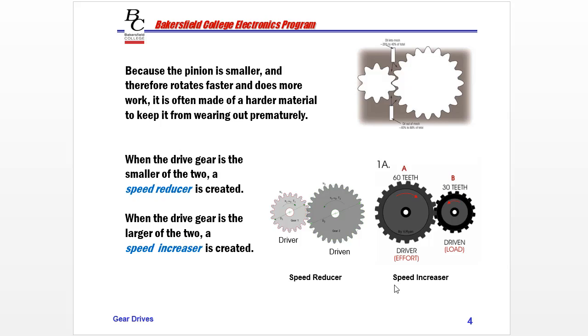Remember, speed and torque have an inverse relationship. If the speed is going to increase, then the torque is going to decrease. On a speed reducer, if the speed reduces from our effort to our load, then our torque is going to increase.